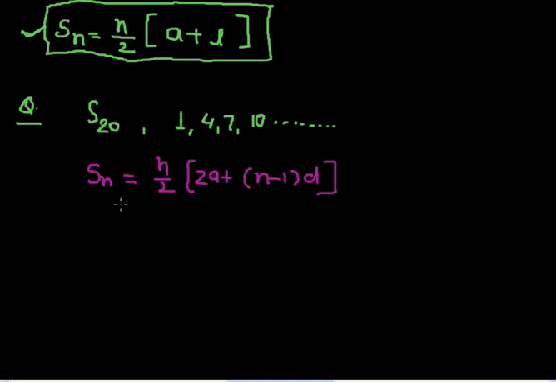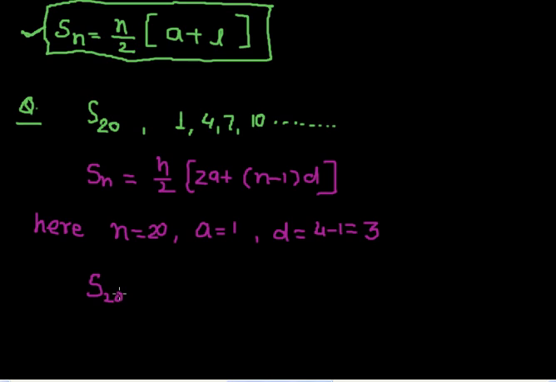Now see what we have here. We have to evaluate the sum of 20 terms, that means n is equal to 20. First term a is equal to 1, and the common difference d is equal to 4 minus 1, which is equal to 3. Putting all these values in the above formula, S20 is equal to 20 by 2 into (twice of 1 plus (20 minus 1) whole multiplied by 3).